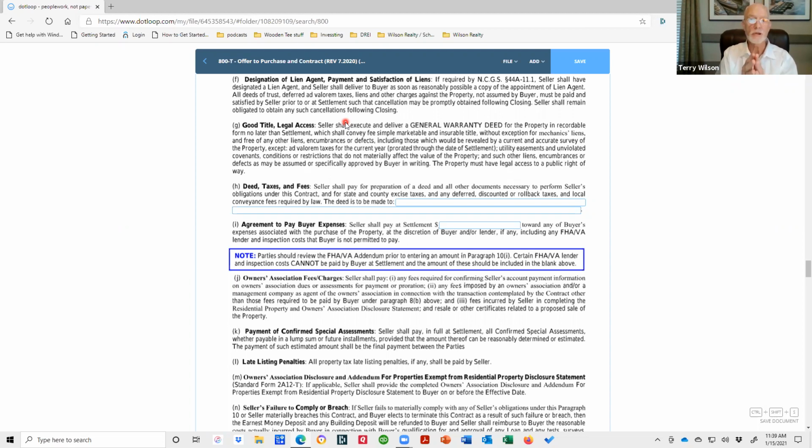And the difference is this: under a special warranty deed, when the builder sells you the house, the builder is saying, I didn't screw up title. I didn't create a mess. I have paid for all the liens on the property. You, the buyer, are getting this free and clear. You're getting good, clean, marketable title.